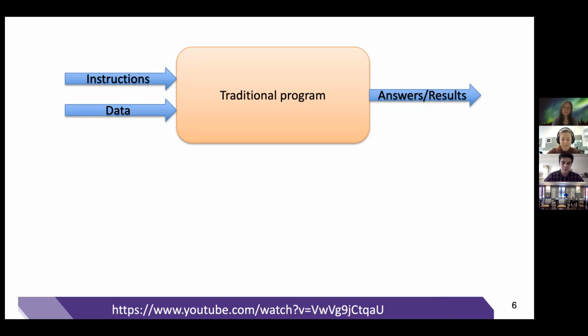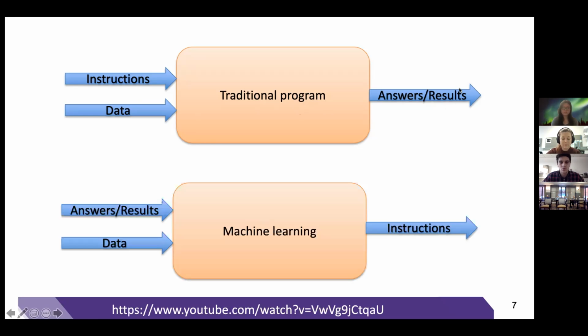So, I just tell my program what the rules are, I can feed in data, and it's going to spit out answers. So that's traditionally what happens with programming. But with machine learning, this whole setup kind of gets flipped around. In machine learning, you don't actually tell the program any instructions.